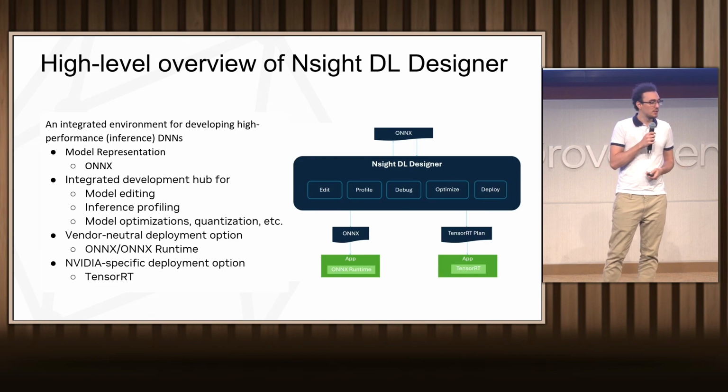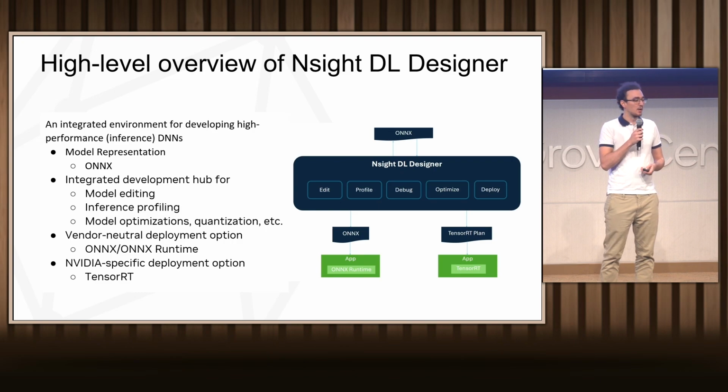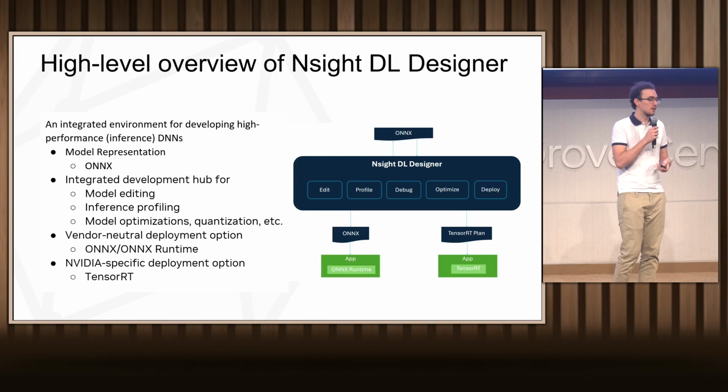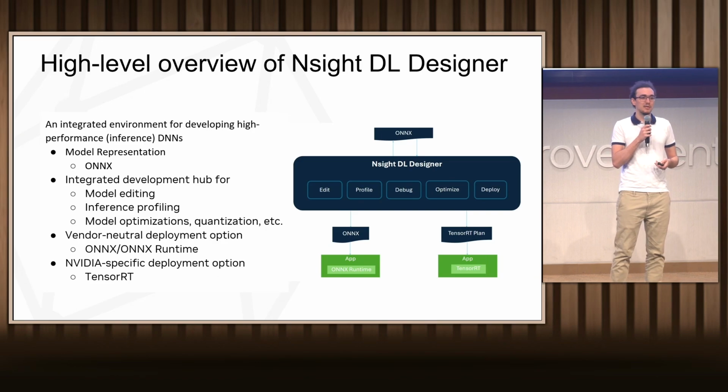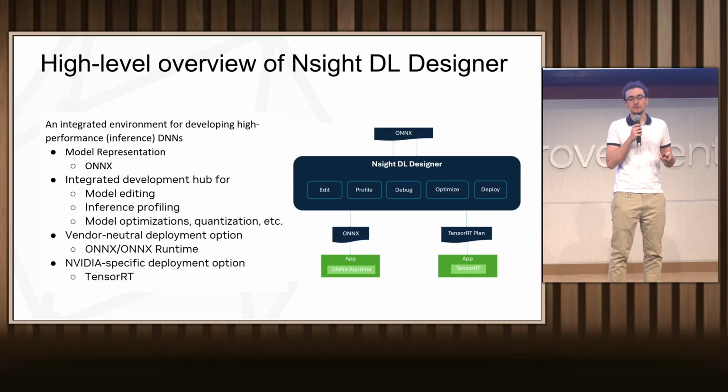So first, I need to give a high-level overview of what Nsight DL Designer is and how it integrates with the ONNX ecosystem. At its core, DL Designer is actually an IDE, an integrated environment for developing high-performance deep learning networks. And it has features across all the key milestones when you're developing or iterating on your deep learning network.